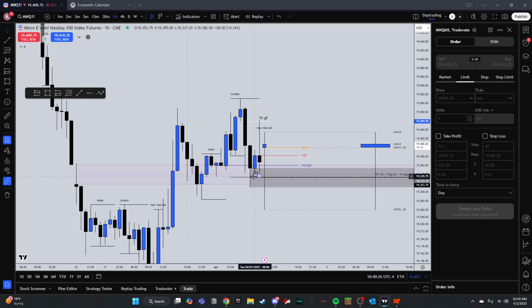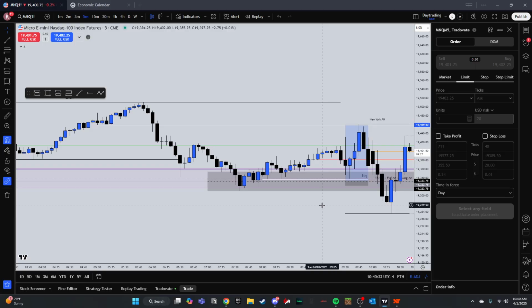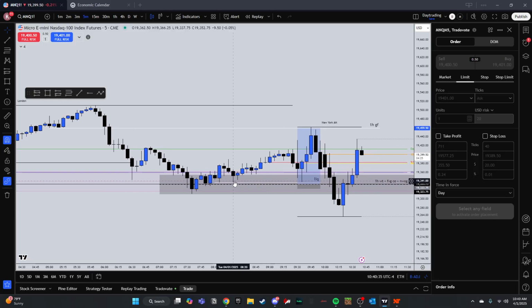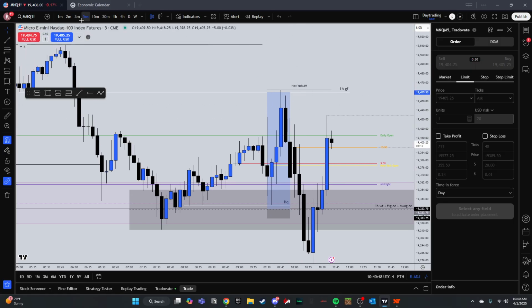This wick, along with relative equal lows on a lower time frame. We had some equal lows down there as well. So you have 5 minute equal lows here. That was framing as our engineered liquidity. And basically what I wanted to see was the sweep of that liquidity, tap into here, and then the reaction to the top of this gap here.